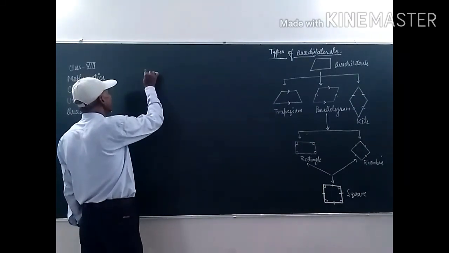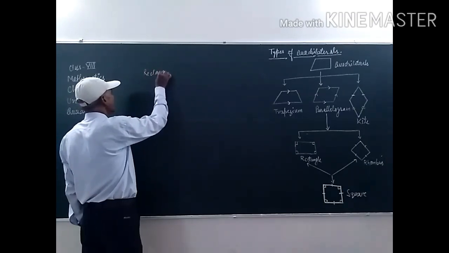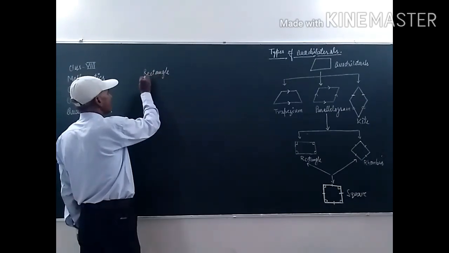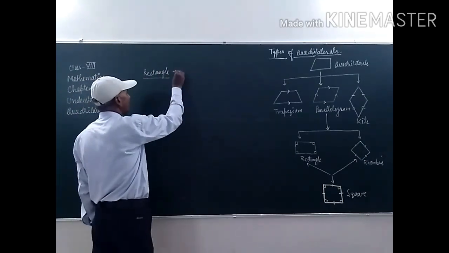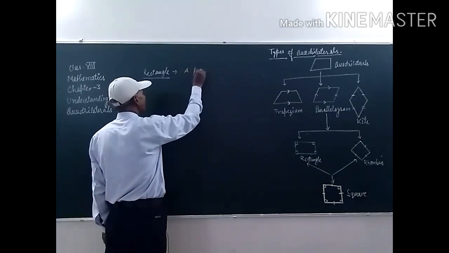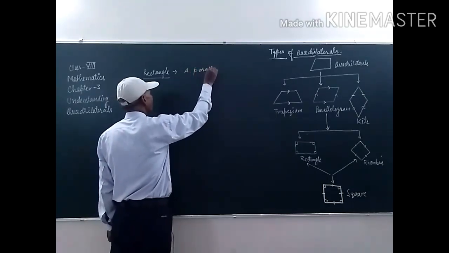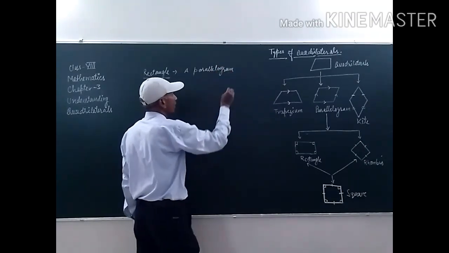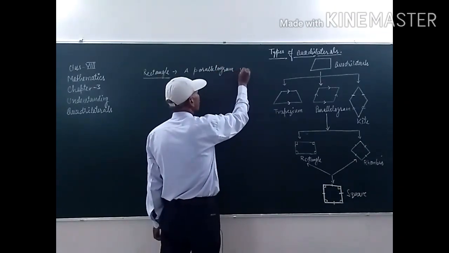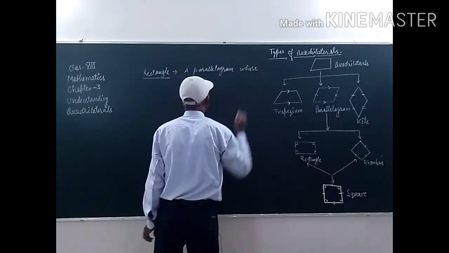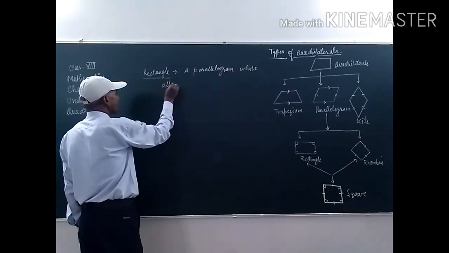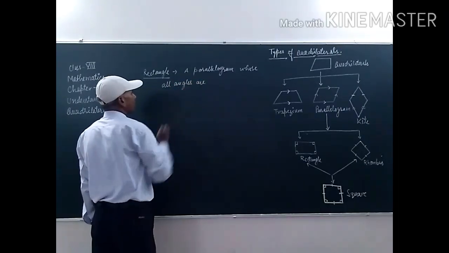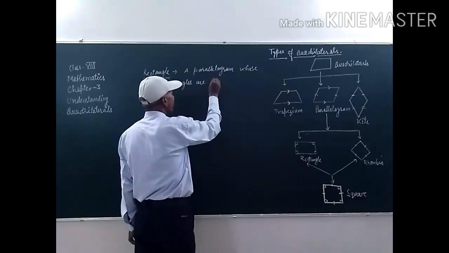Rectangle. What is a rectangle, students? A parallelogram whose all angles are right angles.